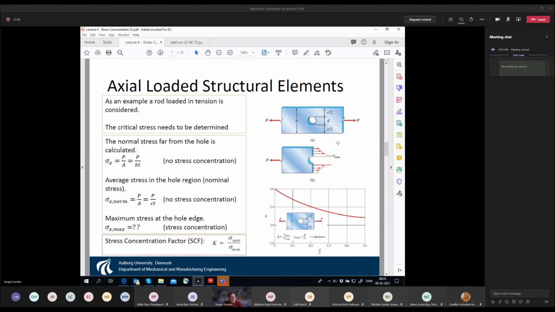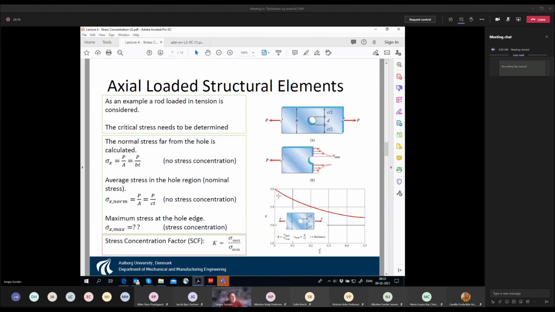So if you make the hole bigger and bigger, the stress concentration factor becomes smaller and smaller. And the reason for this is the increase in the nominal stresses. The stress concentration factor is the ratio of the maximum stress and the nominal stress. But what sounds a little bit paradoxical is that if you make the hole smaller and smaller, then the stress concentration factor rises.